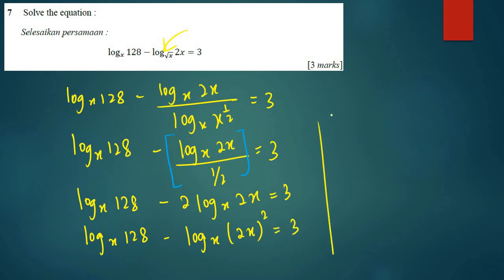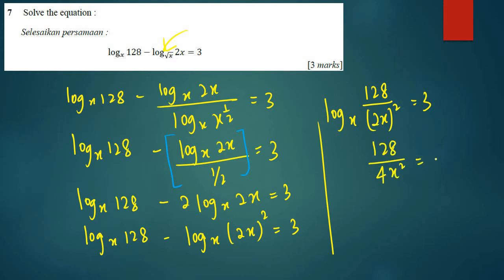Next step is to combine. With the rule of logarithms, minus changes to divide. So 128 divided by 2x power 2 equals 3. So how to solve this? Anti-log. You will get x to the power of 3, right? Anti-log, bring the log over to this side.